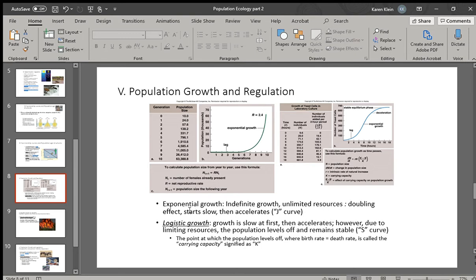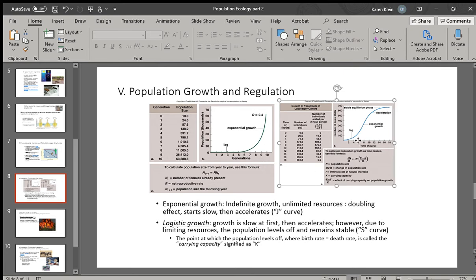You have exponential growth, which is if you have no external factors and unlimited resources, habitat, food, water, you will wind up having a population that grows exponentially, that doubles every year, and you wind up with what we would refer to as a J curve. It just keeps going up and up. Each generation you're doubling.